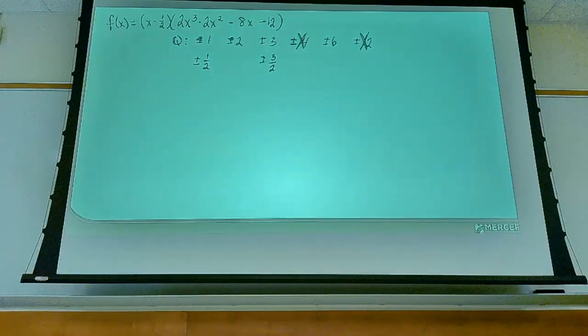Why do I have a funny feeling it's going to be 1/2 again? Let's check it. But I'm not that confident. So the question is, do I want to check 1/2 or do I want to check 3?